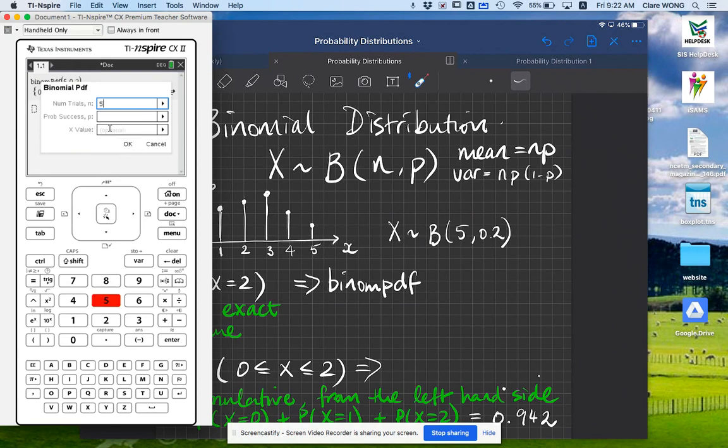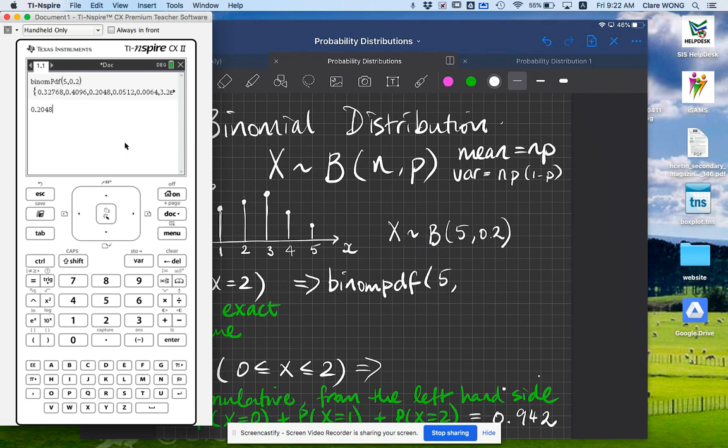We enter exactly what we need. I could put 2 here. Then I get 0.2048. So we can write that over here.